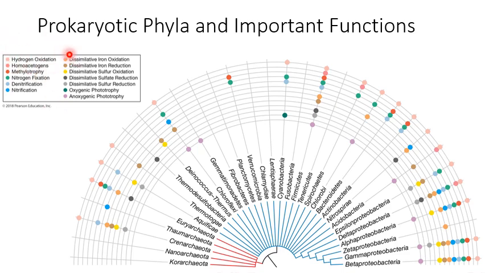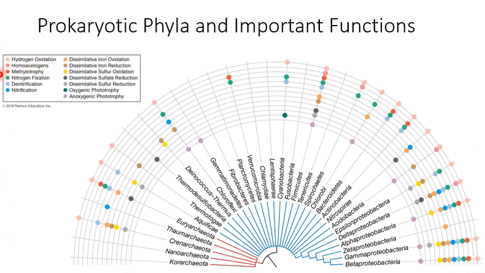So you have hydrogen oxidation. That one we're not really going to talk about today, but that is the use of hydrogen as an electron donor for respiration. You can see that's very widespread. A lot of archaea and a lot of bacteria have that capability, or species in a lot of bacterial and archaeal phyla have that capability.